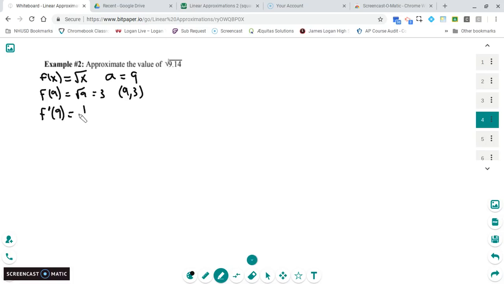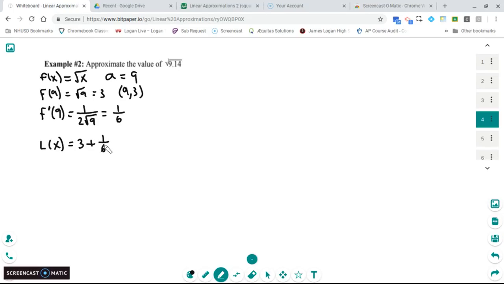So the derivative is 1 over 2 root x, or 1 over 2 times the square root of 9. So that's 1 over 2 times 3, or 1/6. Now I write my tangent line approximation. So L of x would be equal to the y value, which is 3, plus the slope, which is 1/6, times x minus 9. And there it is.